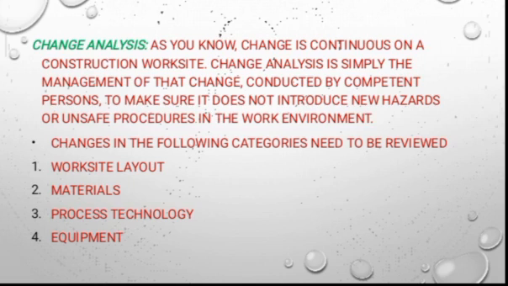Then there will be a need for constant decontamination and housekeeping as well. So those are what process technology is talking about, and also the equipment: changes in equipment that can result in hazardous conditions, and the right way to use that equipment to prevent the new hazards from occurring.